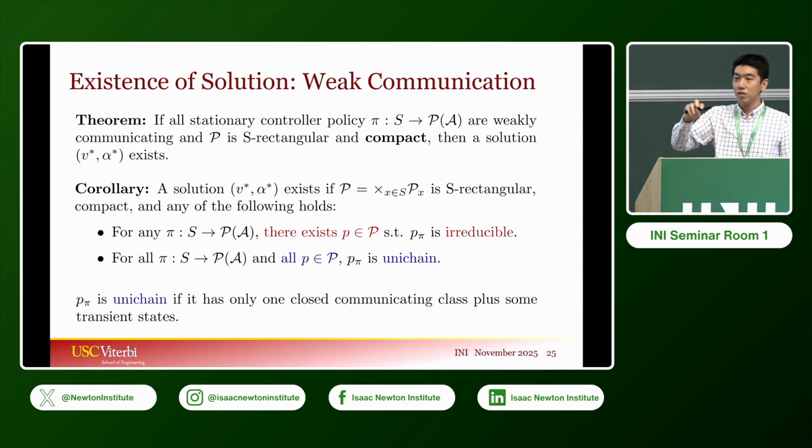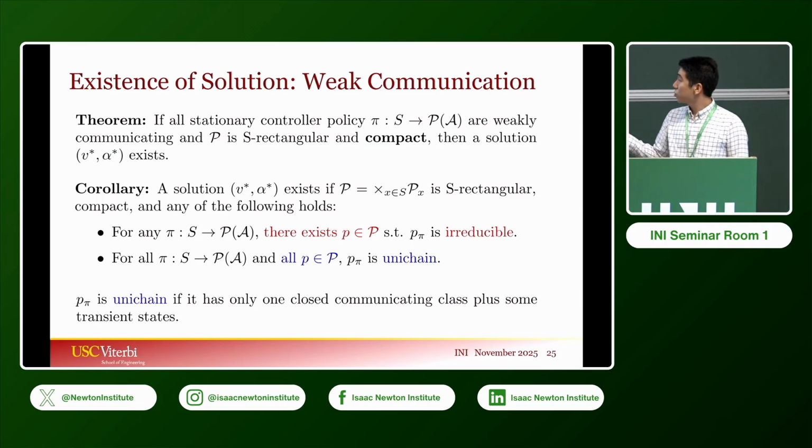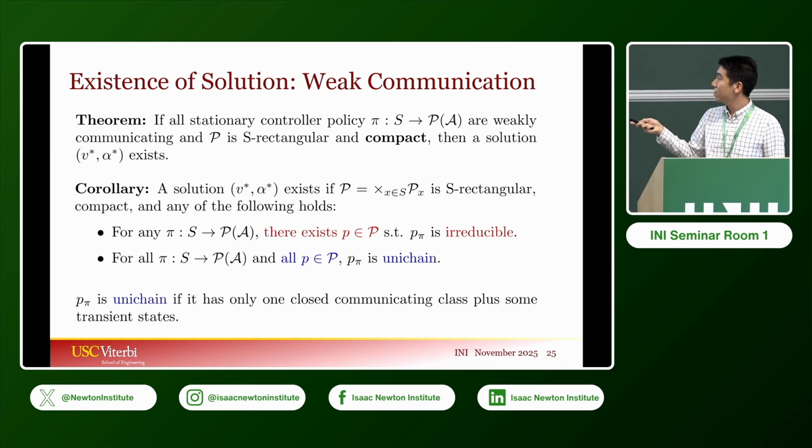Irreducible means every state communicates with each other, and unichain means you can have a closed communicating class and some other transient states. Under this stronger notion of irreducibility, we only need that there exists a p, but for the unichain setting, it must hold for all p and pi.